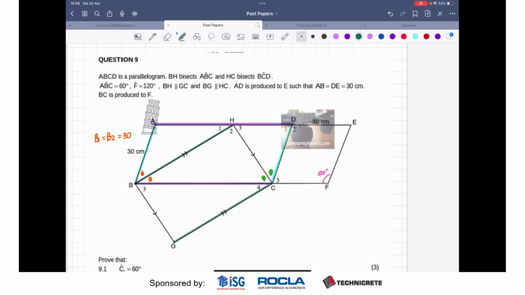And that BG is parallel to HC. And then we have that AD is produced to E such that AB is equal to DE is equal to 30, that's been labeled. And BC is produced to F.